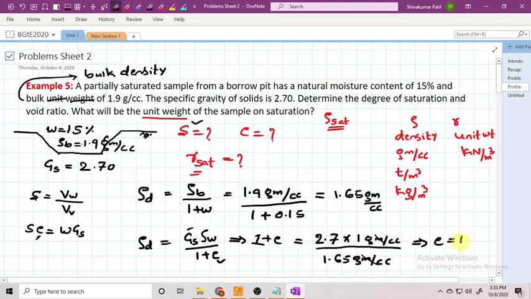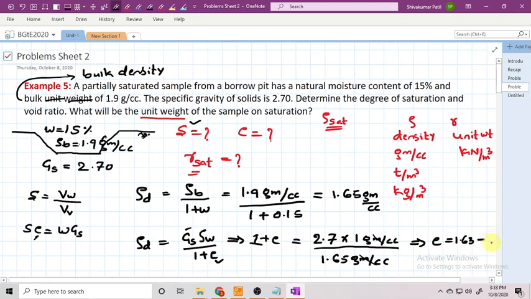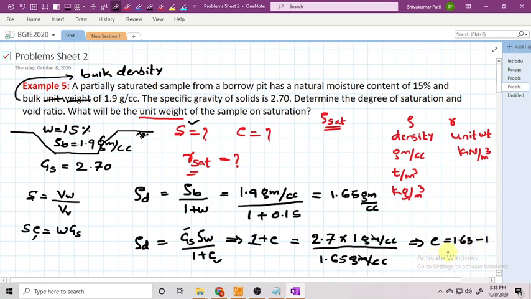So 1.63 minus 1, the 1 comes on the right side. So now your E should be equal to 0.63.